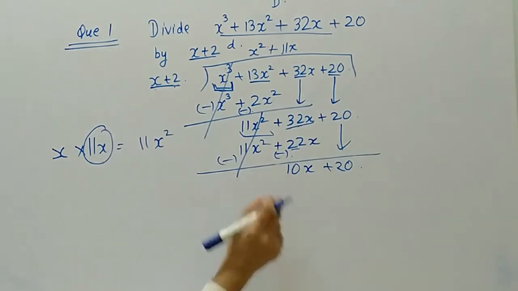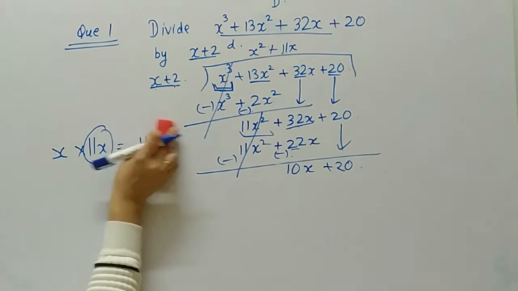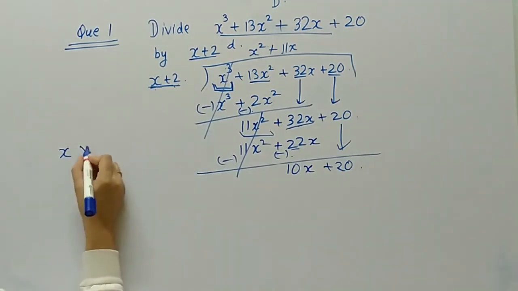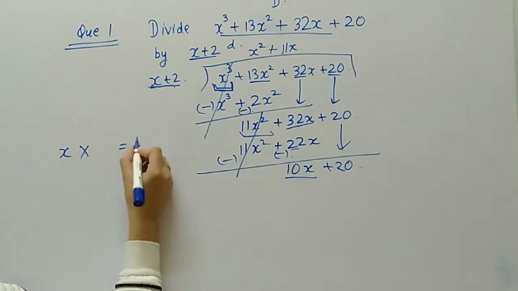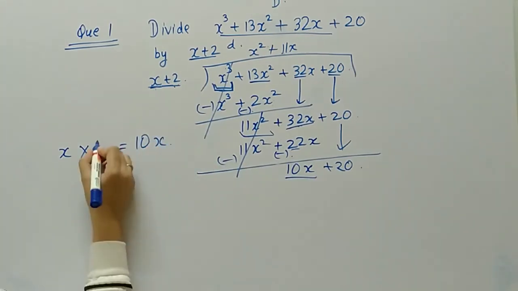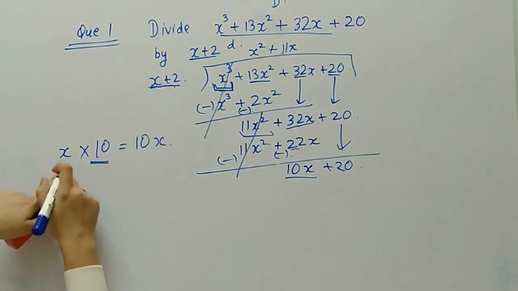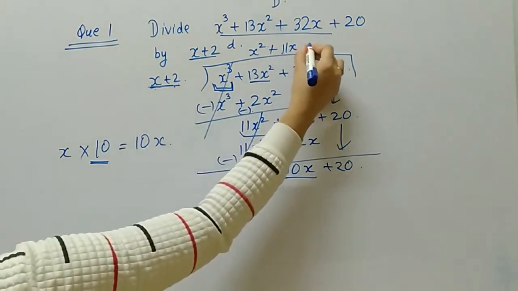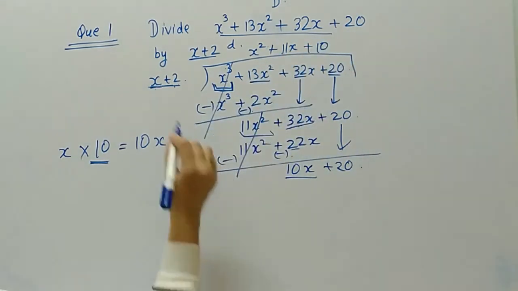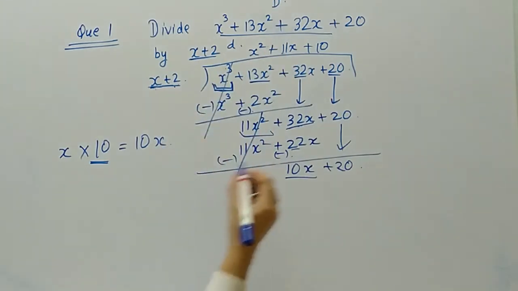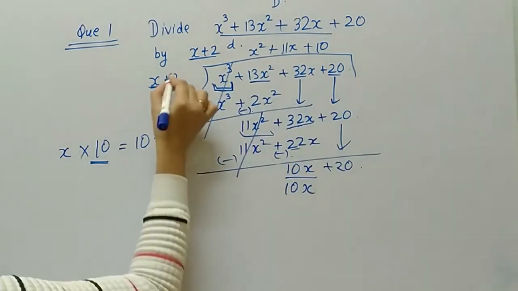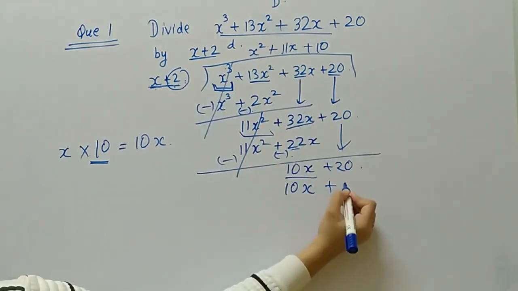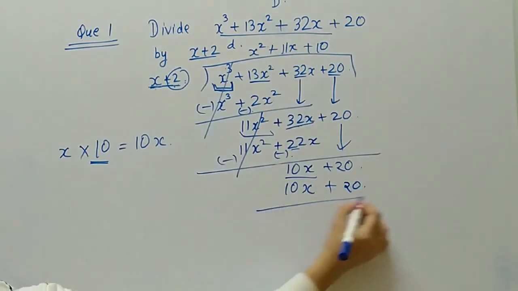So now again we have to think of a number which when multiplied with x will give us 10x. So clearly the number is 10. x multiplied by 10 will be equal to 10x. So now we will write plus 10. Plus 2 multiplied by plus 10 will be equal to 2 tens are 20.